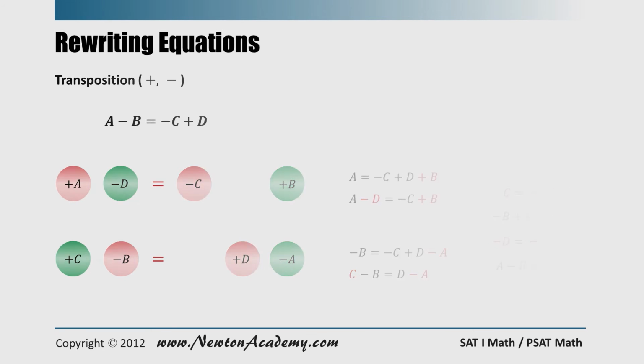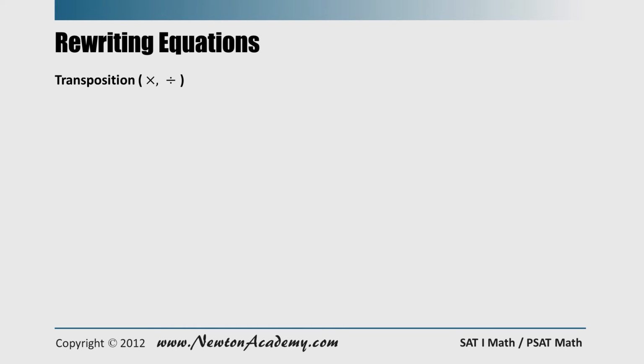Next, I'll teach you how to rewrite equations involving multiplication and division using the transposition technique. Let's suppose we have an equation AB equals C over D. In this situation, you are taught to either multiply or divide both sides of the equation to solve for a certain variable. You're not going to do that with me.